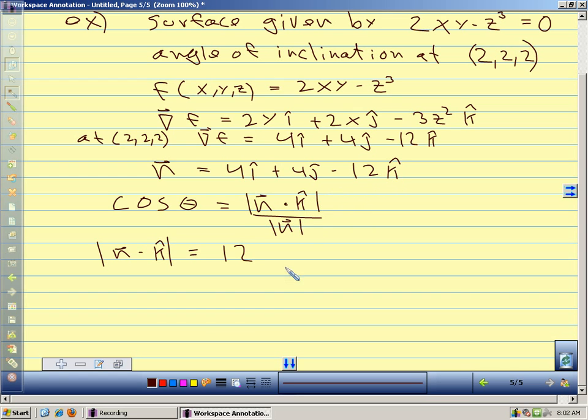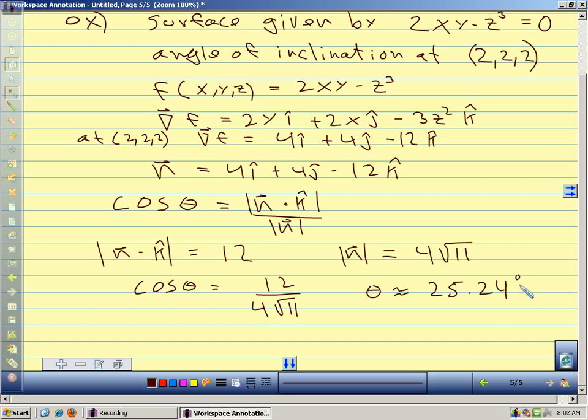And the length of n, if I calculate that out, I end up with 4 square root 11. So the cosine of my angle is just 12 over 4 square root of 11. That gives me that my angle theta is approximately 25.24 degrees. So the angle of inclination of that plane is approximately 25.24 degrees.